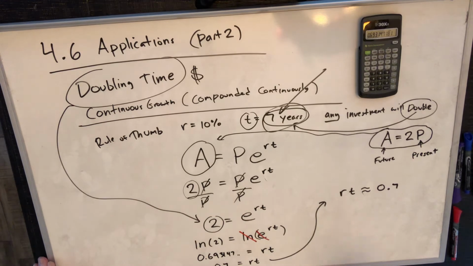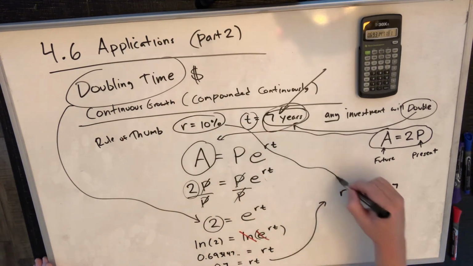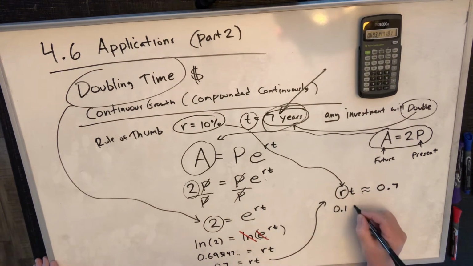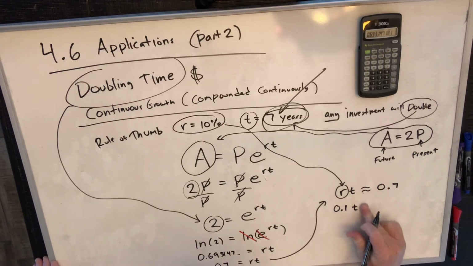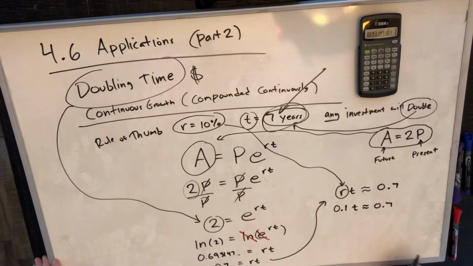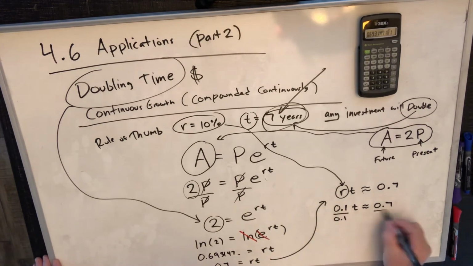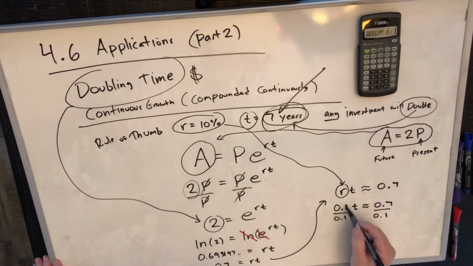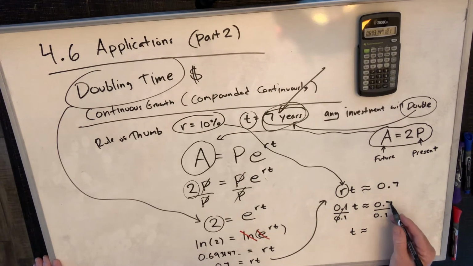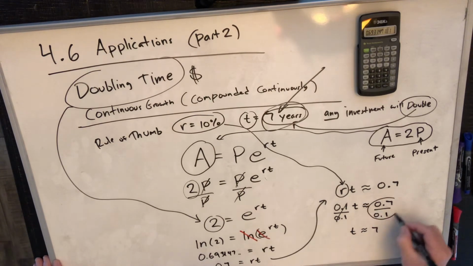And so, clearly, if I say the rate is 10%, I have 0.1, T is approximately 0.7. We could divide both sides by 0.1, and we get T is approximately 7/10 divided by 1/10, that is 7.